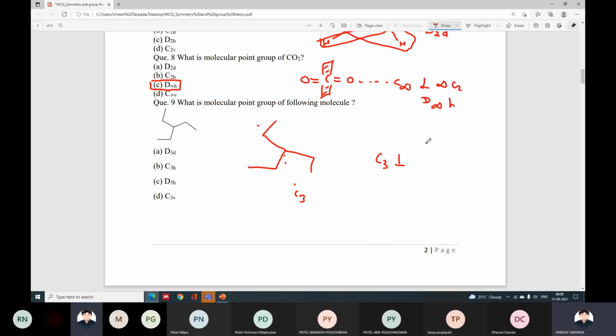Is C3 perpendicular to 3C2? No. So the symbol used is C3. Next check for the horizontal plane. Yes, this is your horizontal plane, so it's a sigma h. So the point group becomes C3h.